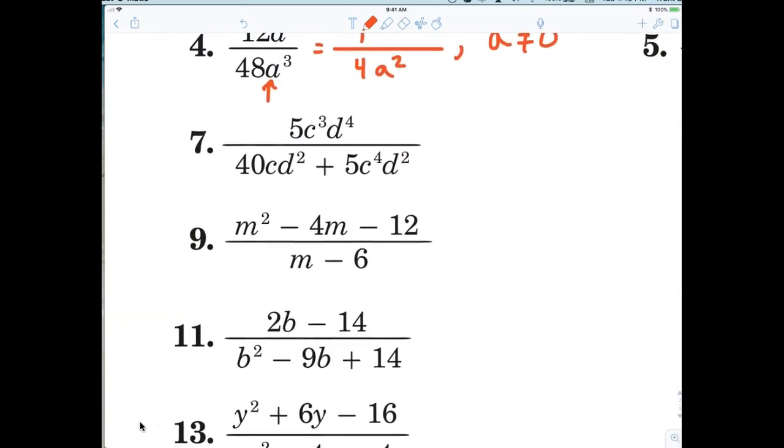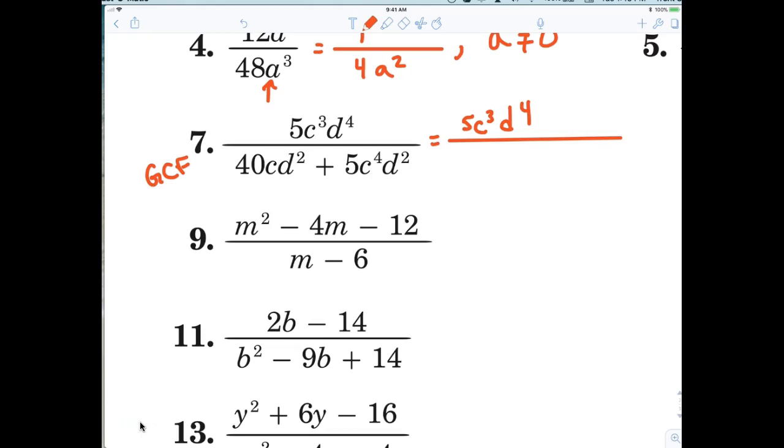All right, so here we go. Now, number 7. The denominator, I want you to put off to the side. Don't forget to check for what? Yeah, the GCF, true?